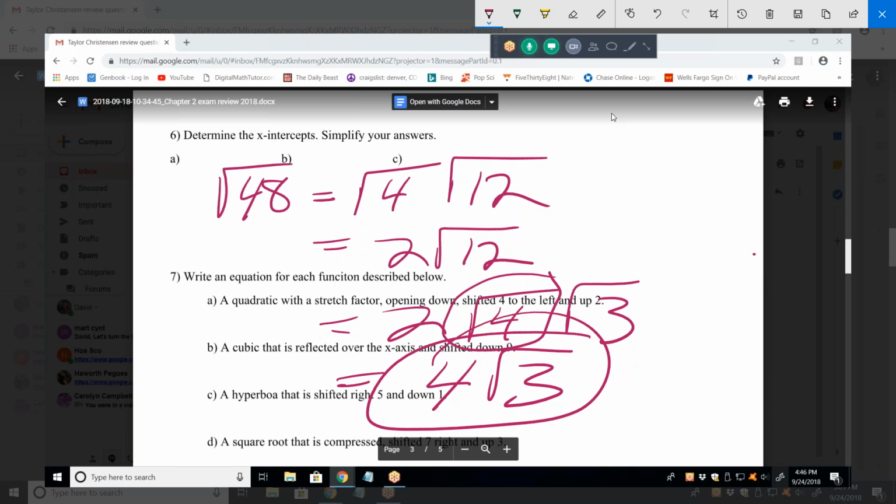So I get to the same answer, but it took me 3 steps to do it instead of 1. So the secret on simplifying radicals is to factor it where one of the factors is the biggest perfect square number you can think of. For instance, that is this. It's also this, but this is more efficient.